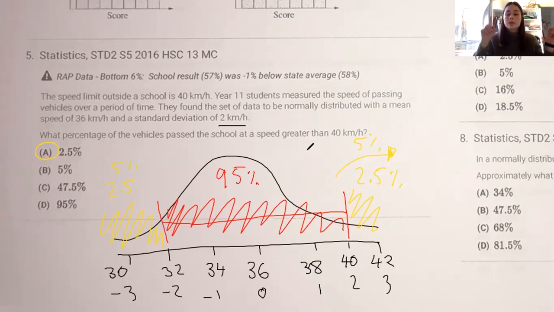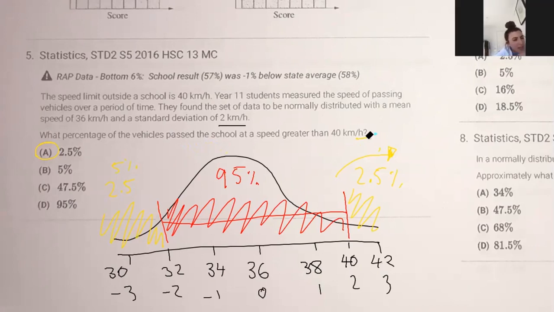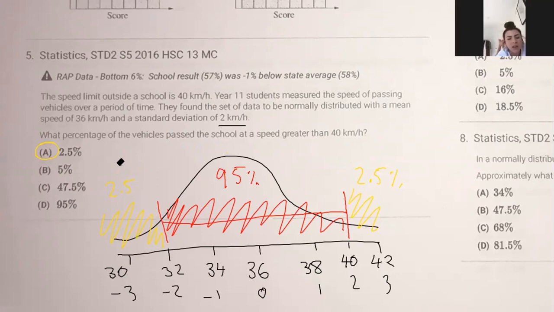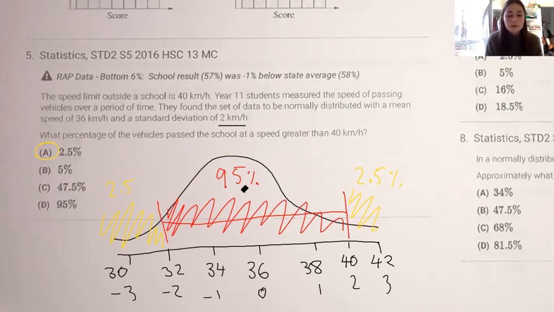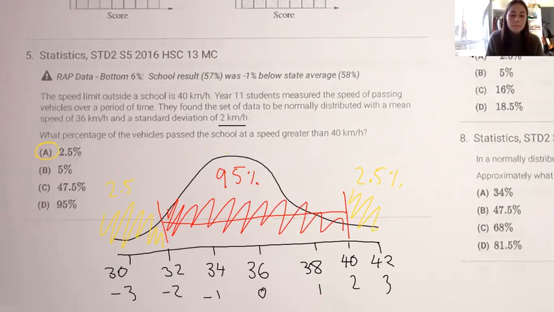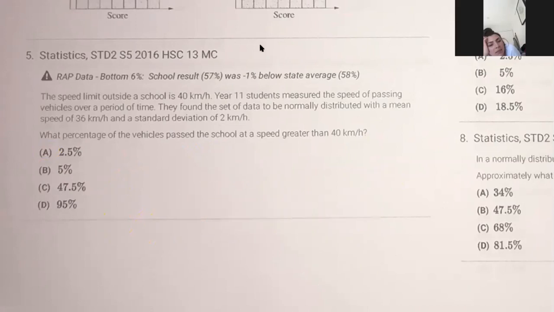But if it was 5% on either side, it would come to a total of 105, and you can't have 105% of data. It's always 100%. So you have to take half of whatever's left over. 100 minus 95 is 5, and half of 5 is 2.5. Any questions with that one, or is that all good? No, that's all good. Cool.